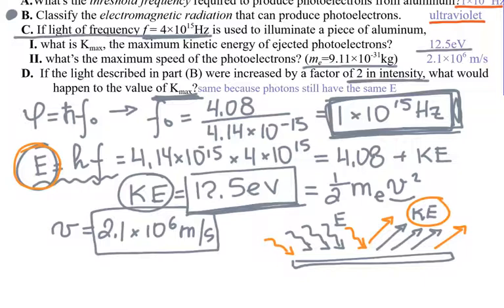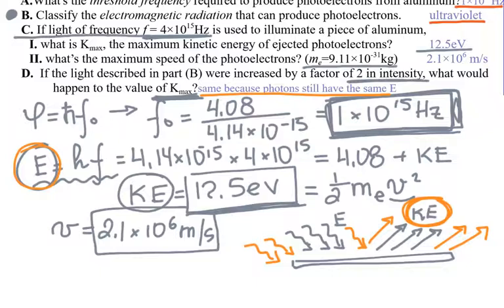If before there were 3 photons, now I have 3 more photons, so I have 3 more electrons flying out, but their kinetic energy is still going to be the same. So the answer is the same kinetic energy, because intensity means there are more photons.